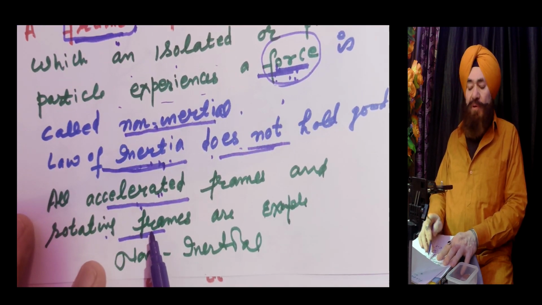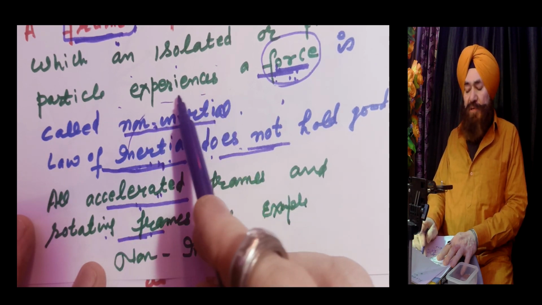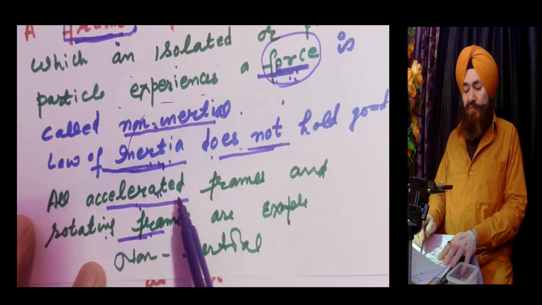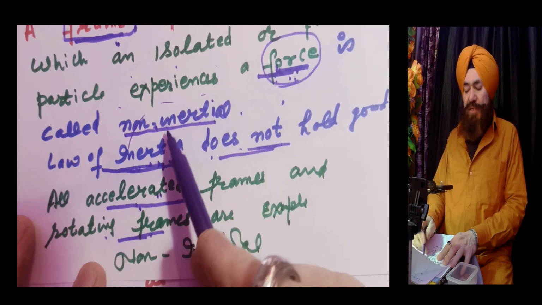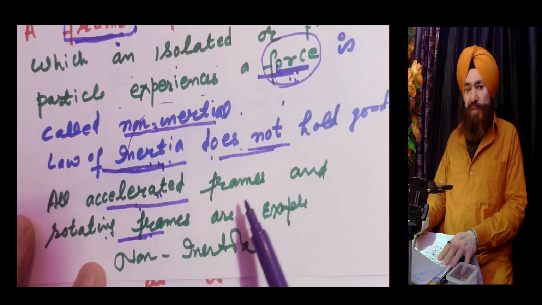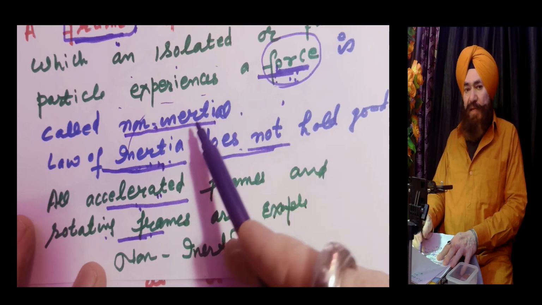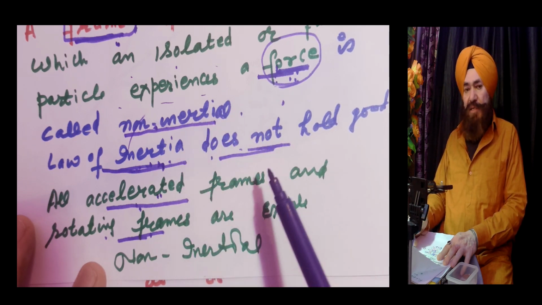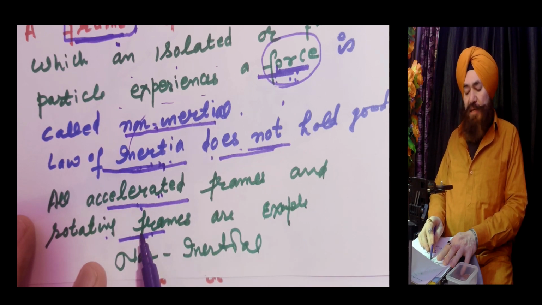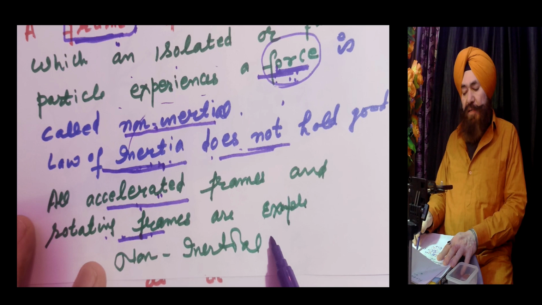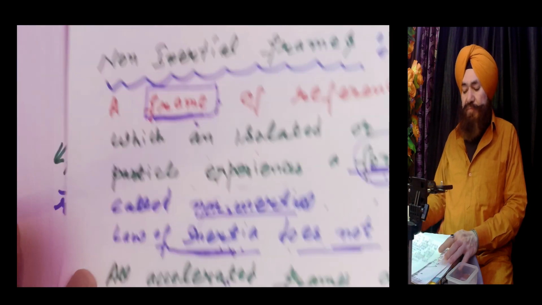Rotating frame. Whenever a particle is rotating, it has accelerated motion. Rotation means changing direction continuously. If the direction changes, velocity changes, and velocity change means acceleration. So a rotating frame is non-inertial.